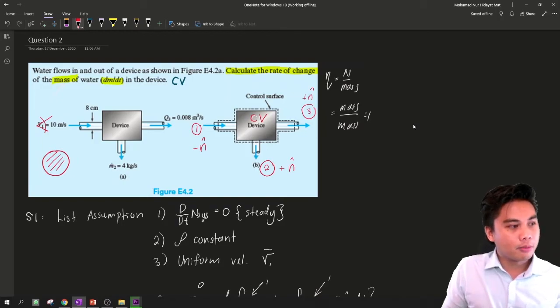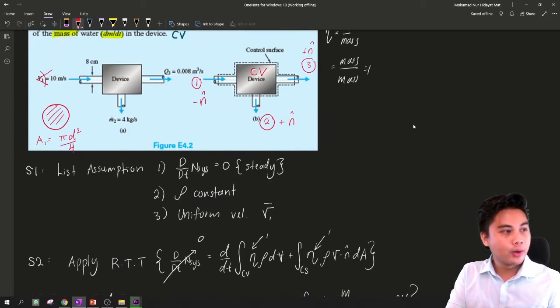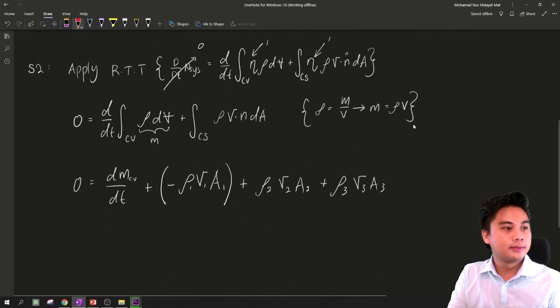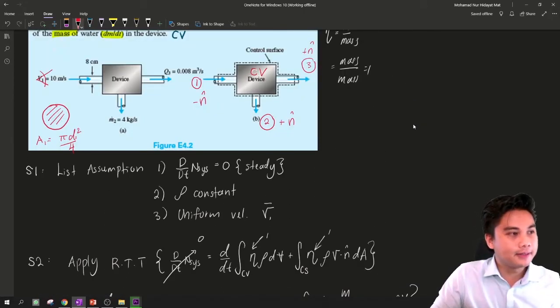So apply the formula of area, which is pi d squared over 4. This is area 1, diameter 1 as well. Fortunately, it is given that the mass flow rate at 2 is 4 and the volume flow rate is 0.008.